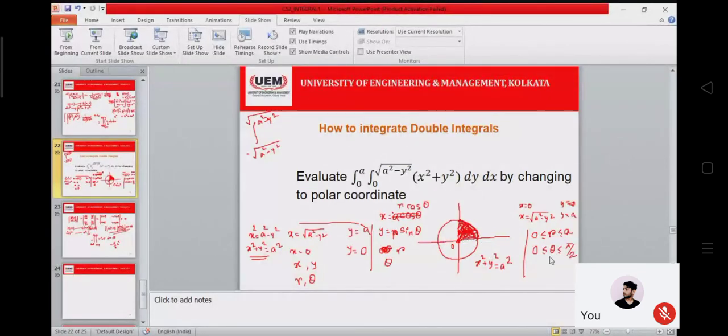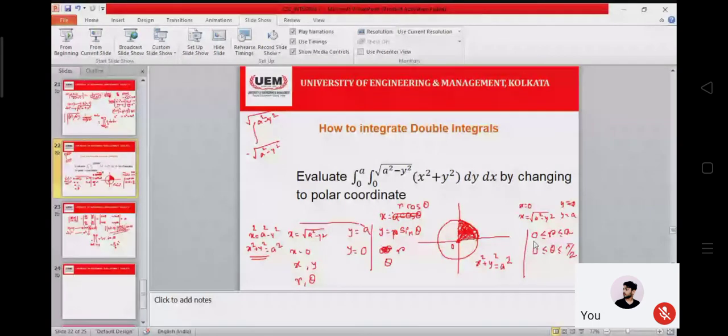Theta 0 to pi. I think, one second, hold on. I don't think it will be minus a to a. r will be 0 to a, because just look, your radius is always 0 to a. r is radius, no? So I was not correct.